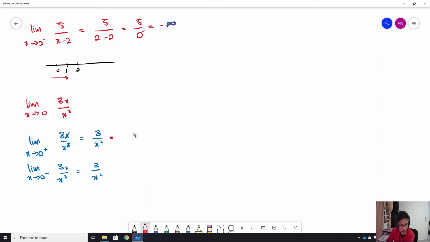We substitute the value of 0: 3 over 0 positive squared, and 3 over 0 negative squared. The upper one gives positive infinity and the lower one also gives positive infinity, because we have a square here, so the square of a negative becomes positive.